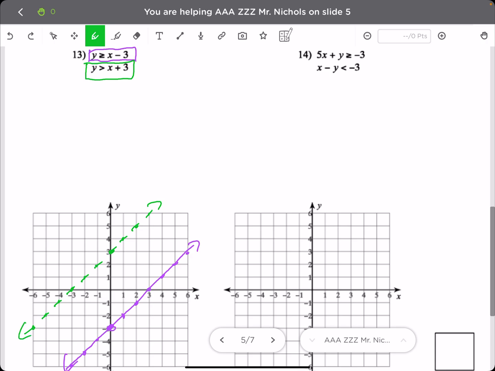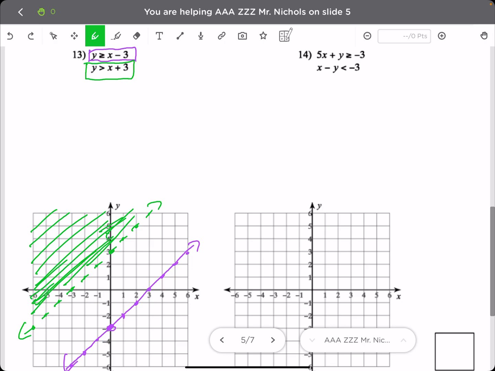And it is also shading above. And so in this case, remember, I'm shading the overlap. So I'm going to shade above the line in green here, that part right here, because that's the one part that it shades above. I wouldn't shade this area in between the two lines.